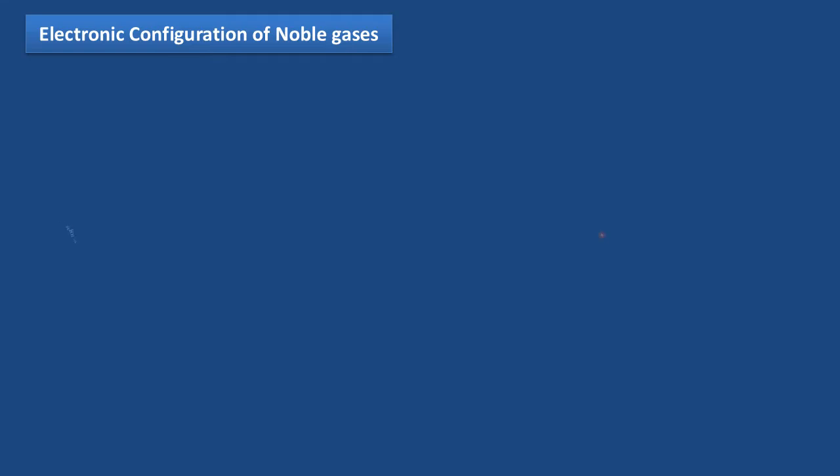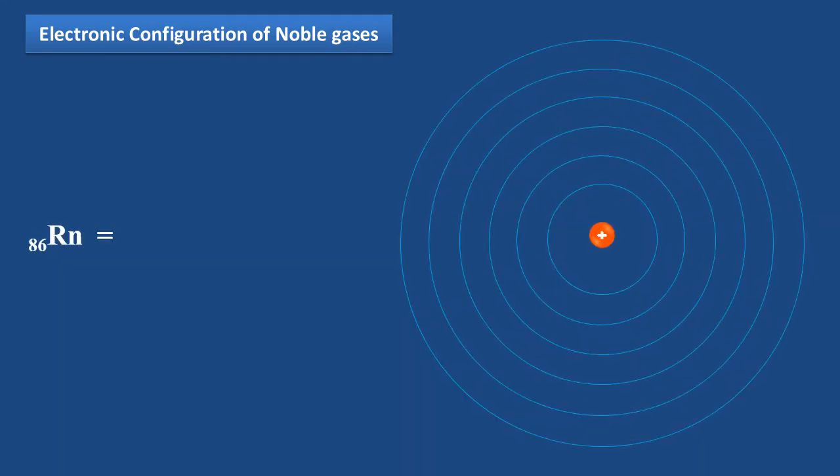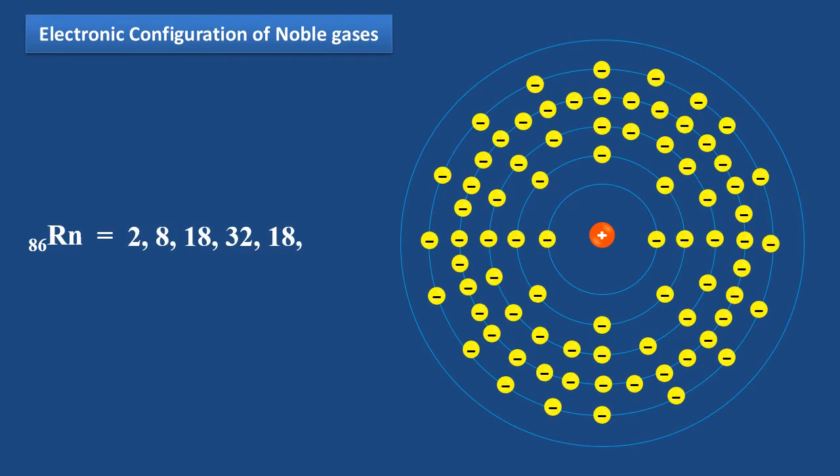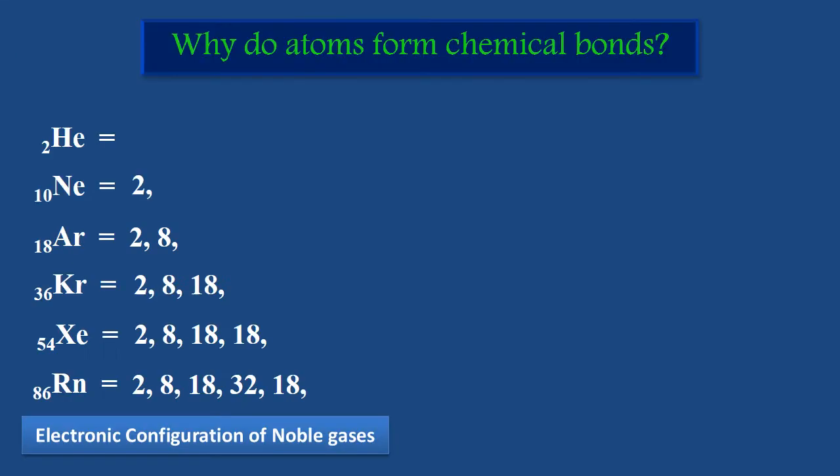And the last noble gas is radon with atomic number 86. Its electronic configuration in first 5 shells is 2, 8, 18, 32, 18, while its valence shell also has 8 electrons. Did you notice something?